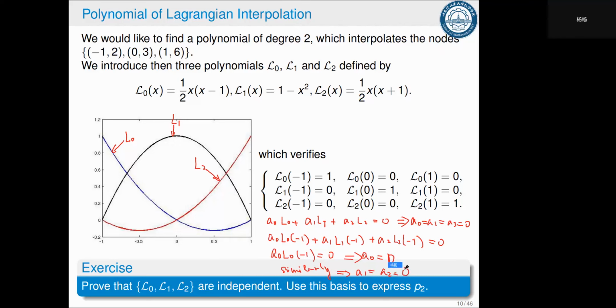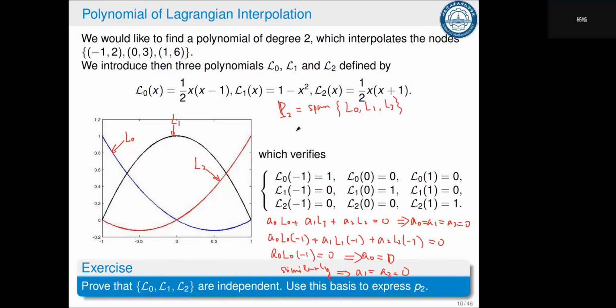So you get all these constants A0, A1, and A2 equal to 0. That means these three bases are really independent. And thanks to this property, the set of polynomials of degree 2 can be spanned by using such three bases.